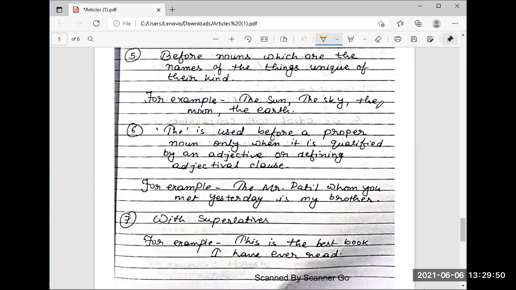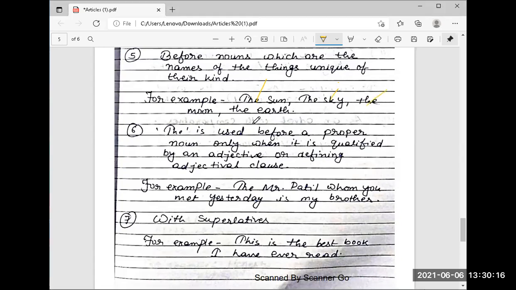Can you tell me what my mistake is over here? In the example, I have made one mistake. Can anyone point it out? This is a very minor mistake, but can anyone of you please point it out? I want you to point it out. It is written the sun, the sky, the moon.